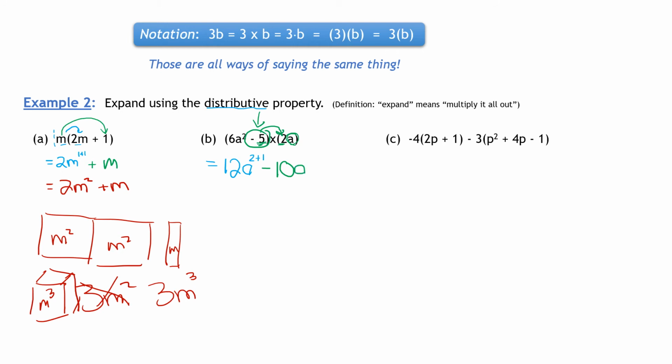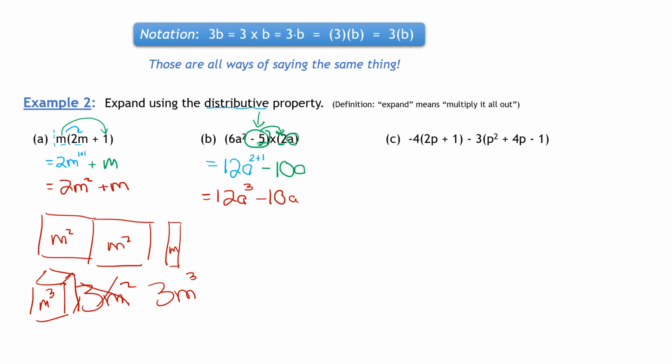My answer there is 12a cubed minus 10a, and those are not like terms. I cannot put those together. A cubed and a are not the same. They're different shapes. We've got a cube, and then we've got a single rectangular stick kind of thing. You cannot add those, so that's done.